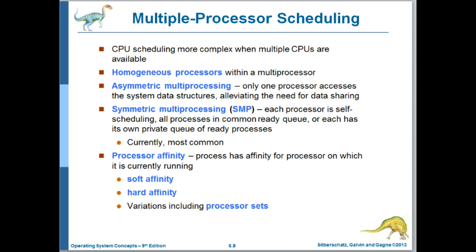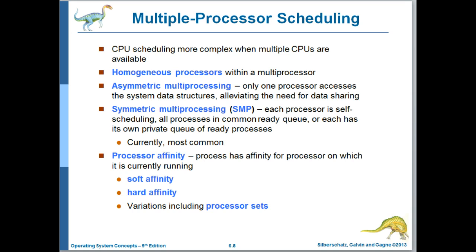Processor affinity refers to the ability of a process to move between processors. So soft affinity means that a process will move infrequently. Hard affinity means that a process is permanently bound to a particular processor. This can be advantageous to prevent overhead when a process starts up.